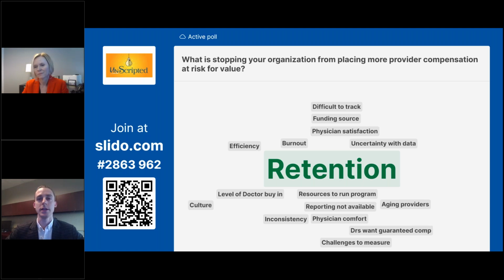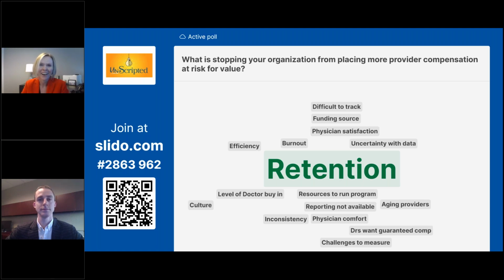And they're used to metrics like work RVUs and things like that. And so as new metrics are introduced, you have to make sure you can track them in a reasonable time, in a transparent way, so that providers can understand what is affecting their compensation and what they should be working towards.